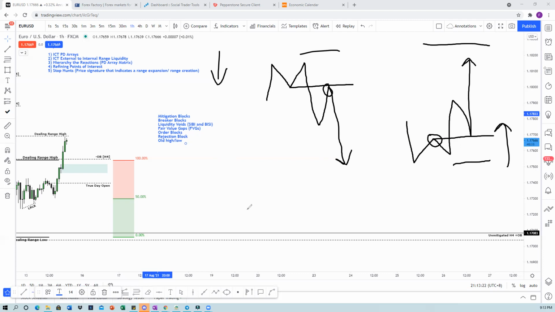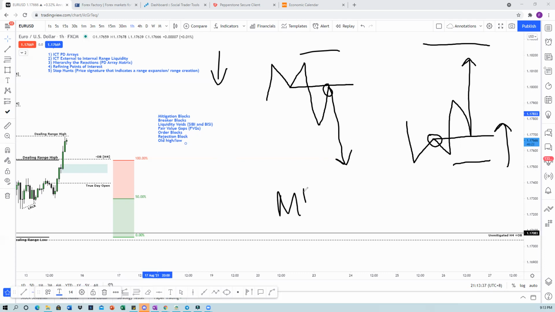Obviously it's not going to be a reversal on the lower time frame, but on the higher time frame it shows a point of reversal. Since we're intraday traders, we can also look at it as a point of reversal from an intraday perspective.